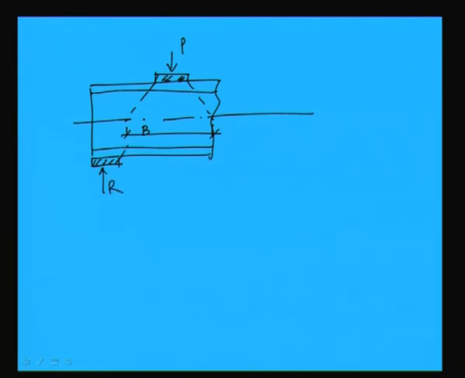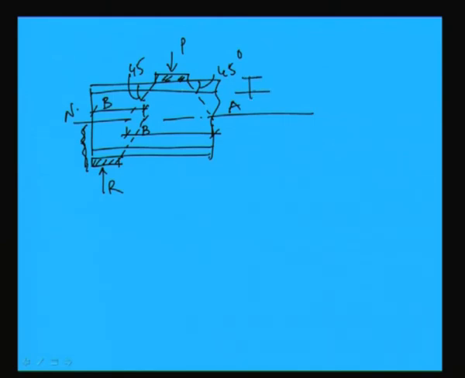We assume that it also acts up to this, so this will be the B. The magnitude of B will differ for a concentrated load at this section and for a reaction, because at the support there is no scope to disperse the load in this portion, right. This is the neutral axis and it will disperse at a 45 degree angle.